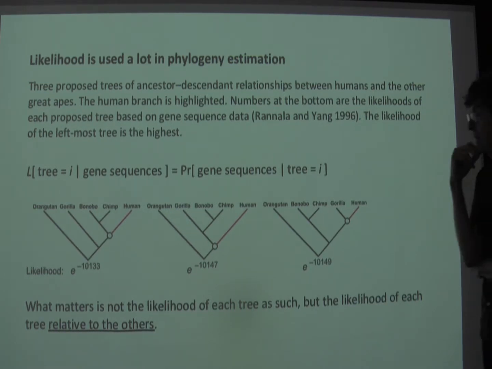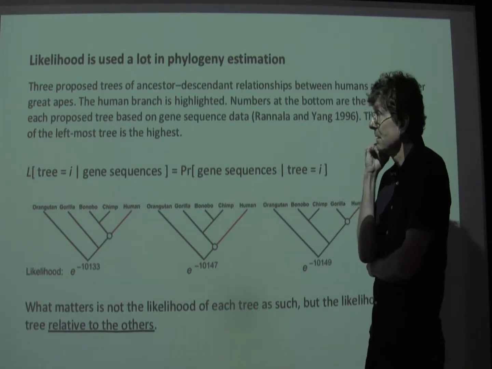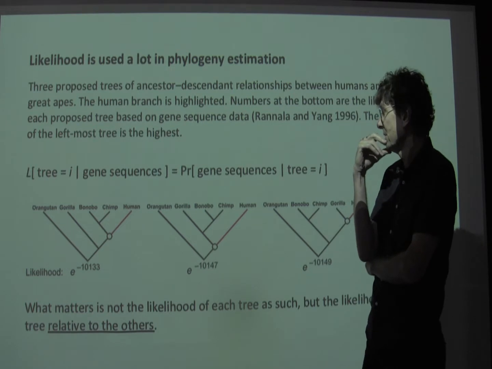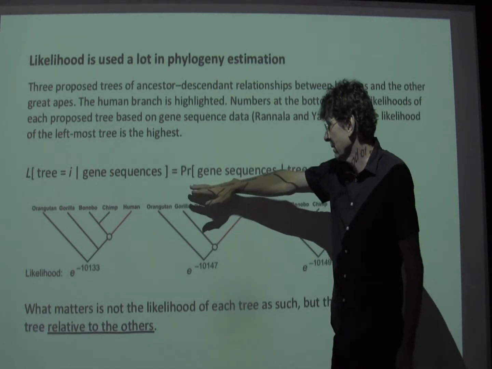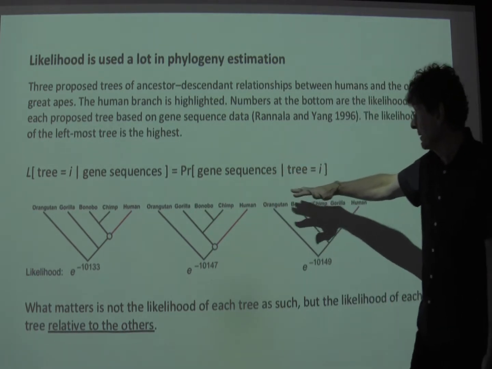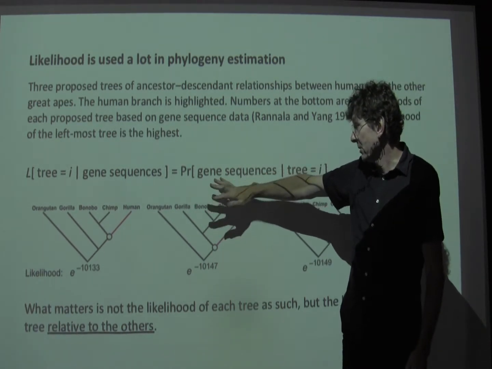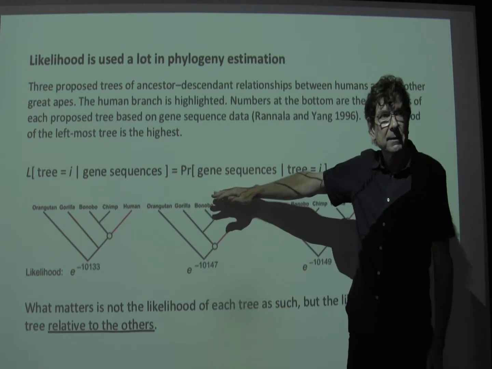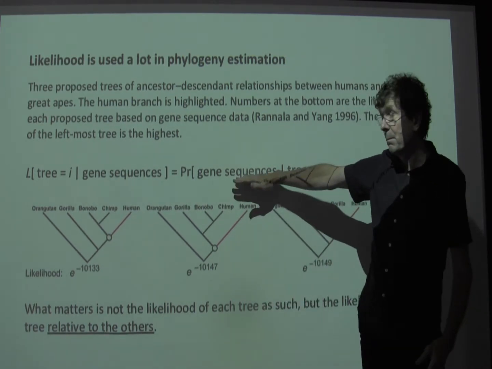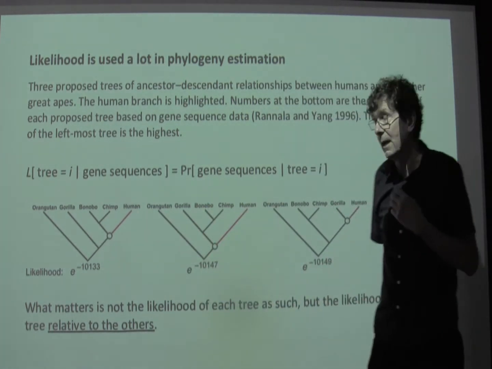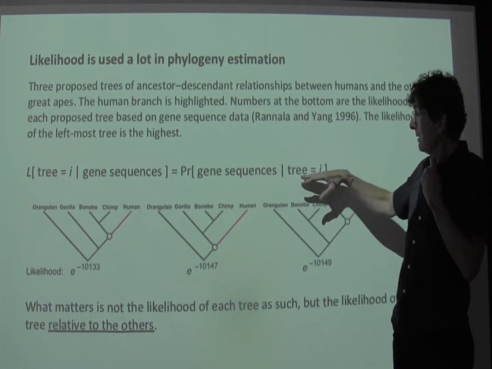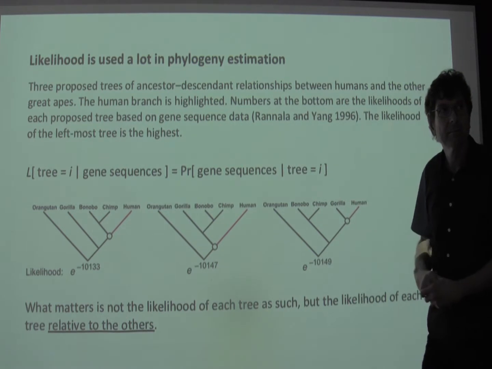And the way the problem was solved, the way the controversy was finally laid to rest, is that a likelihood method like this was used. The researchers asked, based on the data, which in this case is the gene sequences, what's the probability of getting exactly the gene sequences that we see of all of these taxa if the tree is I?